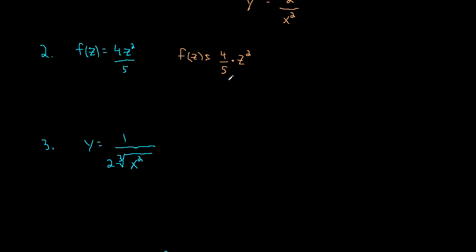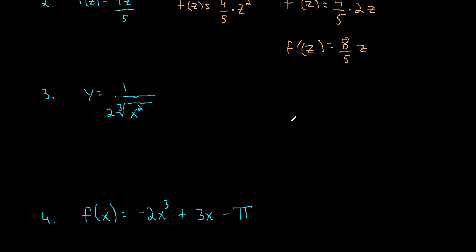This is just our constant times a function rule. So how do you find the derivative of f with respect to z? Well, it's going to be the constant multiplied by the derivative of z squared. And the derivative of z squared is 2z. Some simplifying gives us f prime of z equals 8/5 z. And you're done.